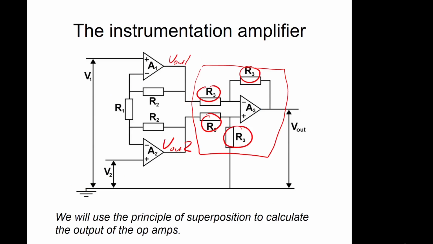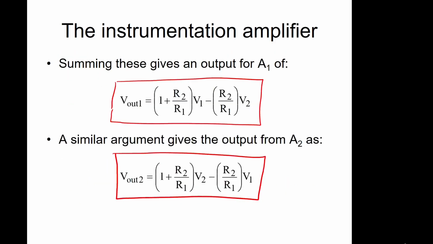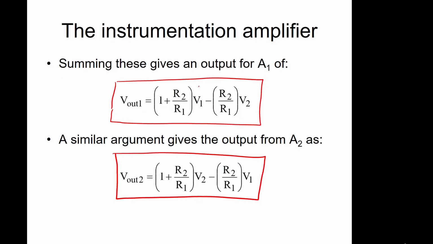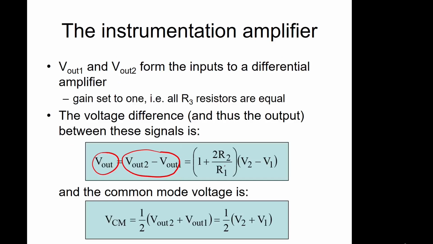So our ultimate output V out is going to be the difference between V out 1 and V out 2. So we're going to take away this value from that value, and if we work that out, we get this term here.